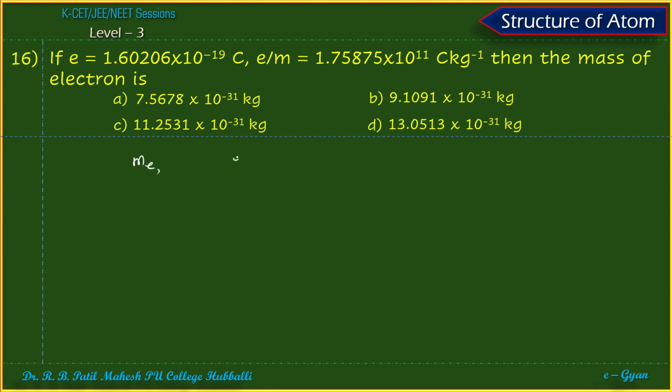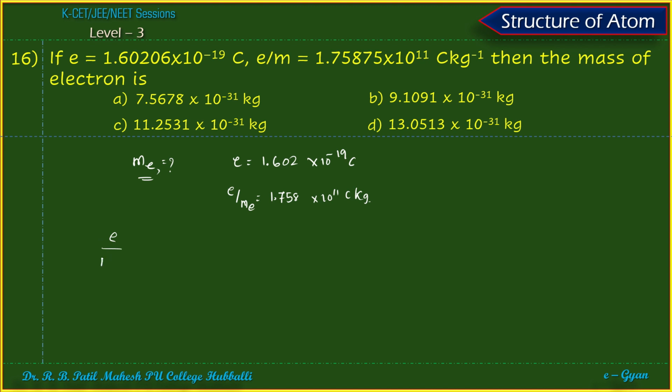What is given? Charge of electron is given. It is 1.602, we can consider, into 10 to the power minus 19 coulomb. And charge to mass of electron is given, 1.758 into 10 to the power plus 11 coulomb per kg. What we need to get is mass of electron.